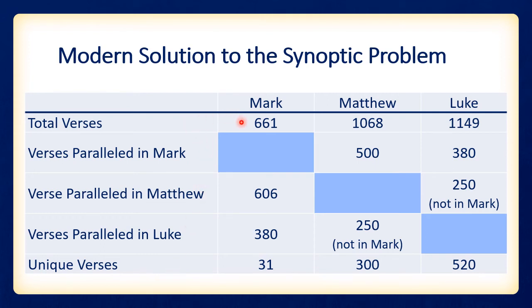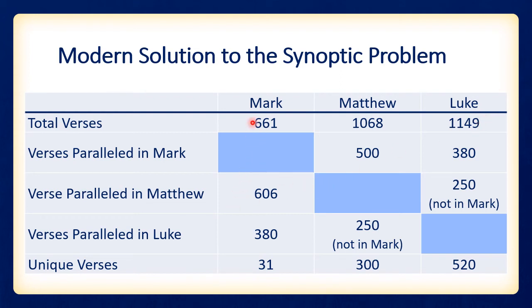If we outline the number of verses in Mark, Matthew, and Luke, you can see here Mark 661 verses, Matthew 1068 verses, and Luke 1149 verses, Luke the longest. And by the way, some translations use different verse setups, and so you may find different numbers if you do this yourself, depending on the translation you use.